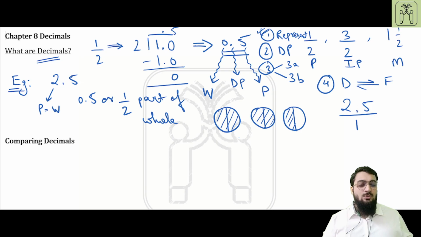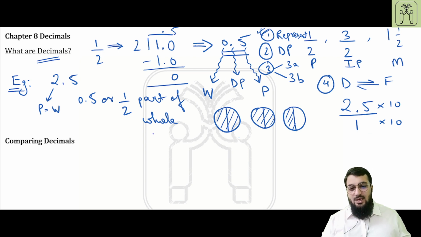Now, in order to remove this decimal, what can we do? We can multiply it by 10 on both numerator and denominator. This will give us 25 upon 10. I will write it over here. This will give us 25 upon 10.